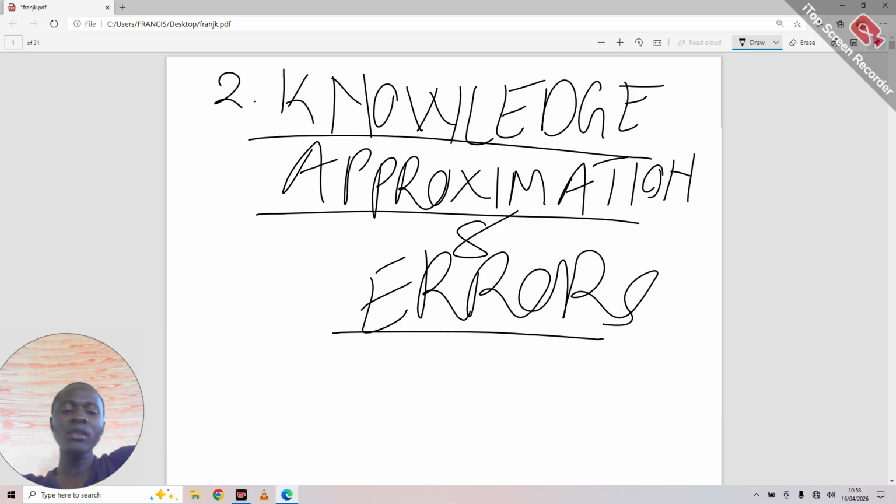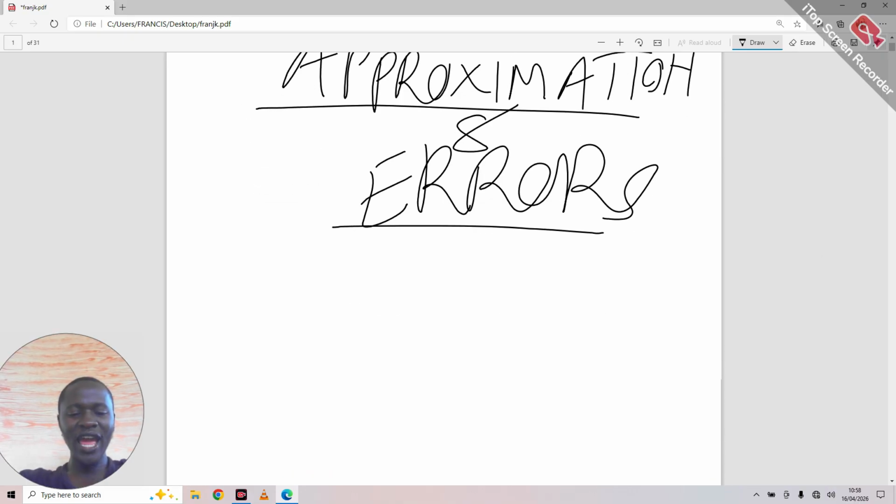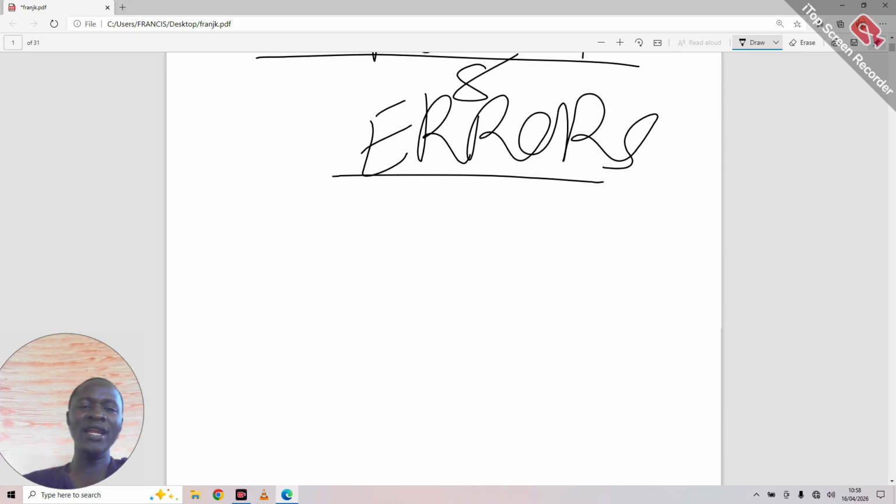Remember, I've just said that these are types of approximation and errors that require the knowledge application of formulas. In short, you must have the formulas for you to solve this topic. There are two formulas of solving absolute error on a given number.